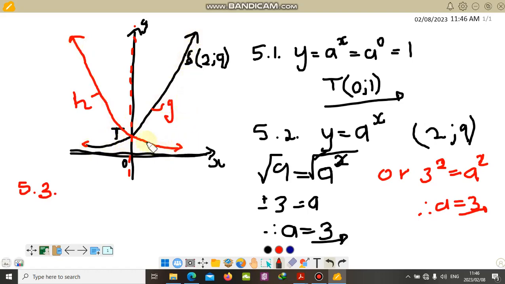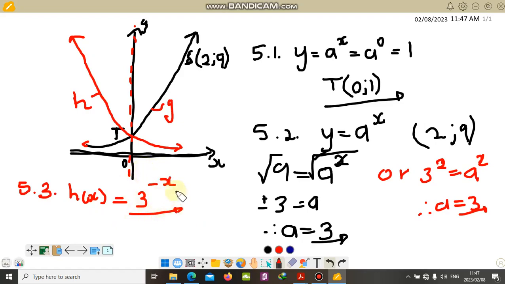This one can be h of x equals a to the power of negative x.